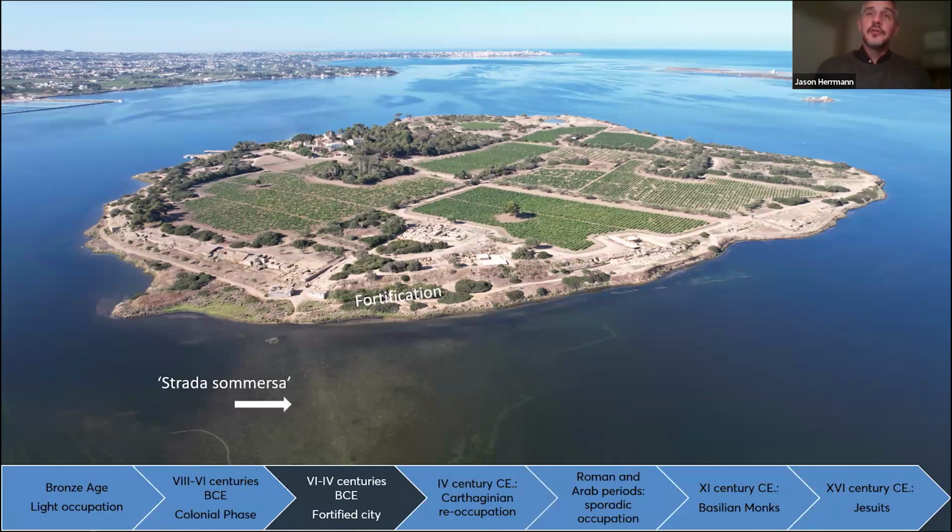When the Phoenician colonists show up, Motya was not a grand city at the beginning, but rather a small unfortified trading post. In the 6th century BCE, though, as I mentioned, it blossomed into a massive city, and this growth required a lot of labor, it required a lot of investment, and it required a lot of people.